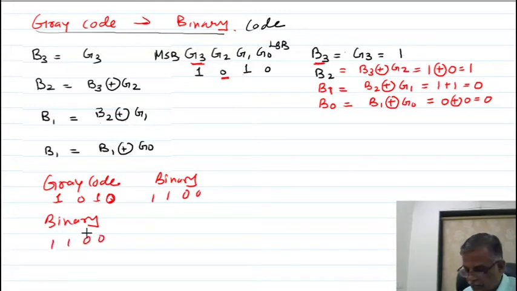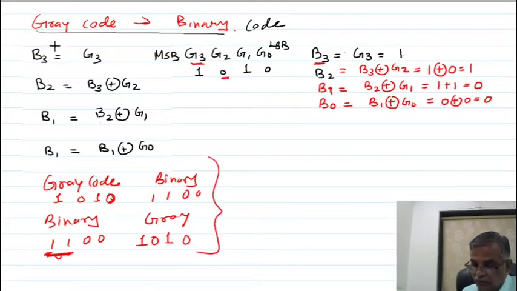For binary, you have to write the first bit as it is. Then I will take the exclusive OR function of these two, 1 1, so I can write 0. Then the exclusive OR function of these two, so it is 1. Then the exclusive OR function of these two, it is your 0.